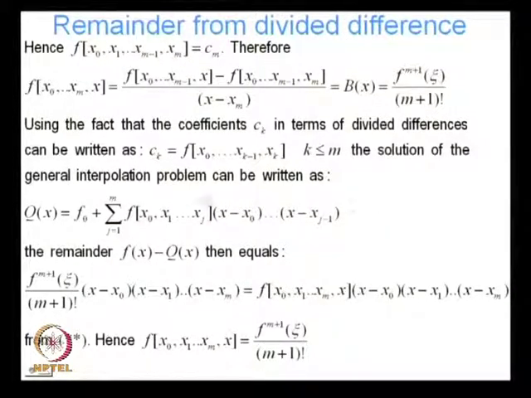So, that is the first part, the polynomial expansion, and the remainder then equals f x minus q x, which is equal to this, which we already know.